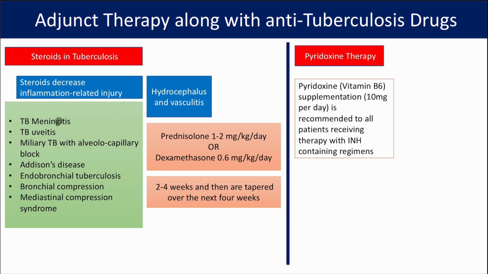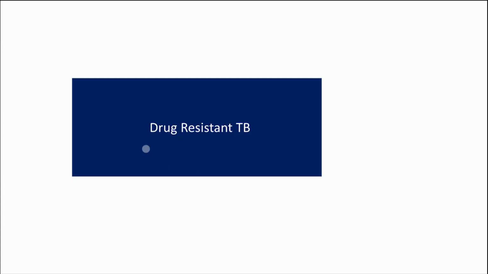Just don't forget TB meningitis, TB uveitis, miliary TB with alveocapillary block, and endobronchial tuberculosis. These are very, very important. And what is the steroid that we use? We usually use prednisolone at the dose of 1 to 2 mg per kg per day, or we can use dexamethasone.